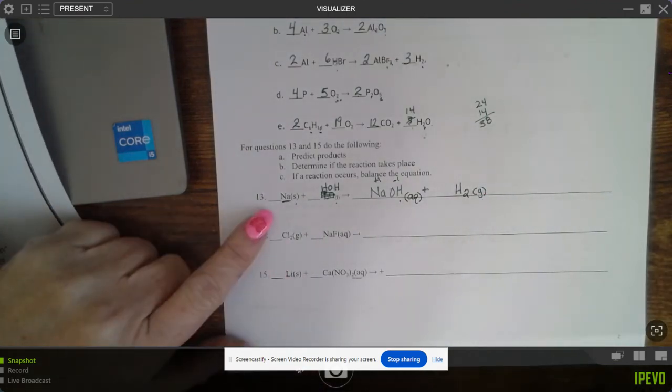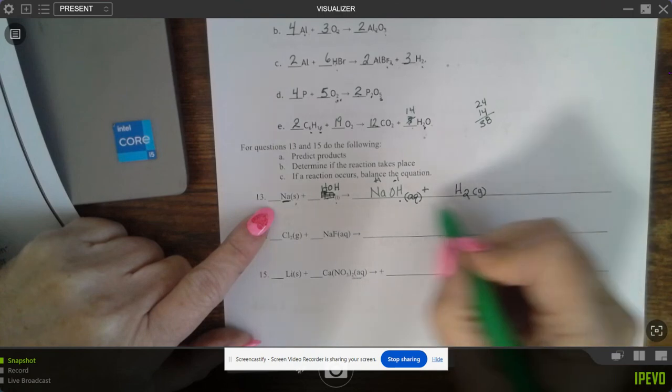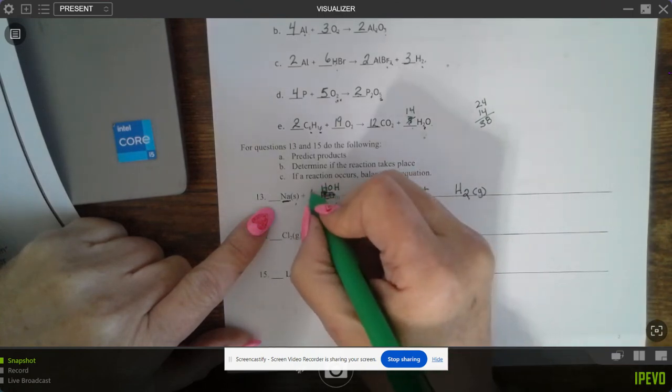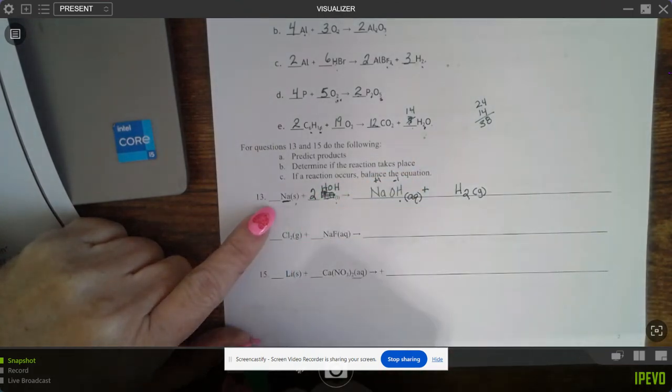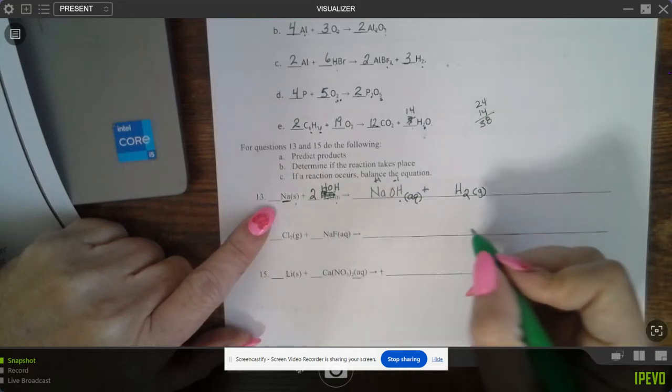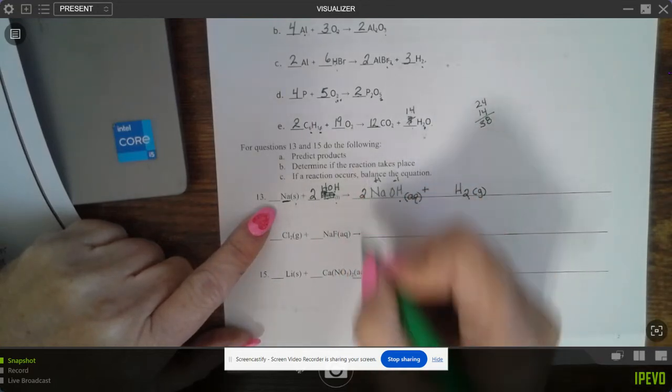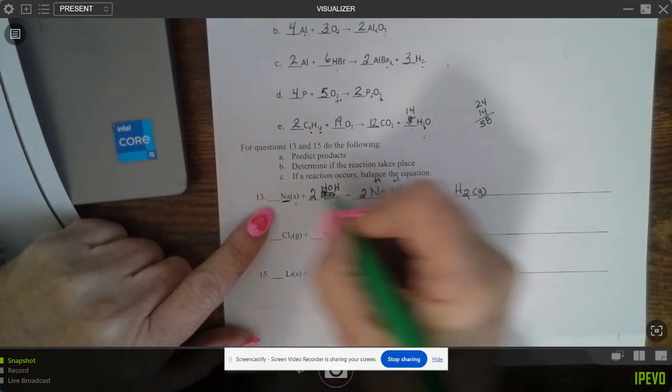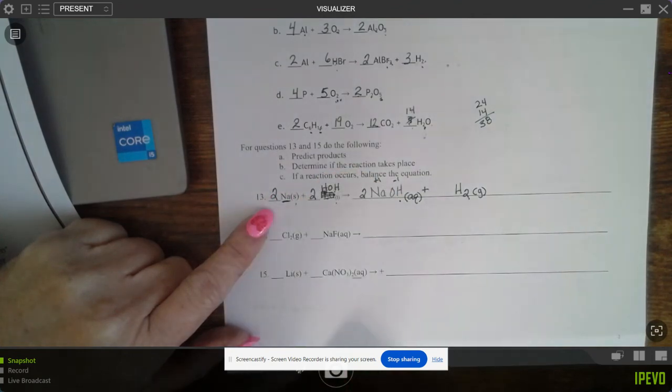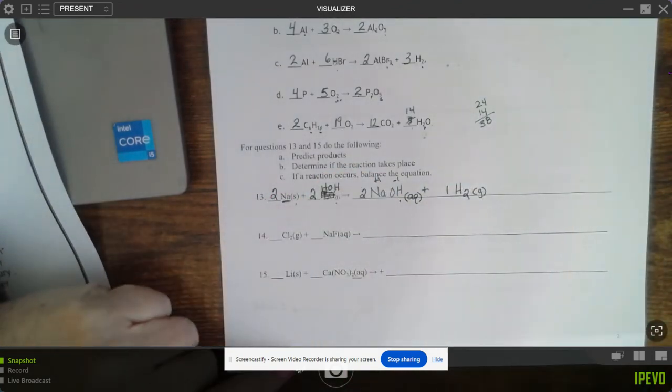If I wanted to balance this, I have 2 hydrogens, which means I need a 2 here. That gives me 2 hydroxides, which means I need a 2 here. That gives me 2 sodiums, which means I need a 2 there. And then my equation is balanced.